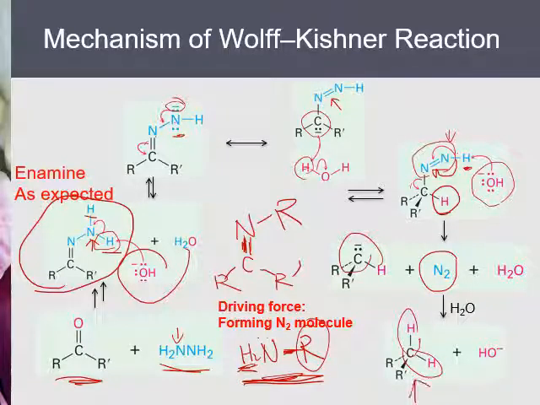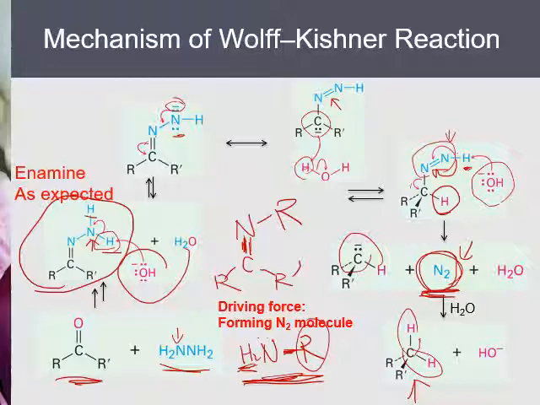That gives you an alkane. At the same time, nitrogen gas is formed. Because nitrogen gas has a triple bond, it is a very stable molecule, and therefore formation of this nitrogen molecule is the driving force for the whole reaction to proceed to completion.